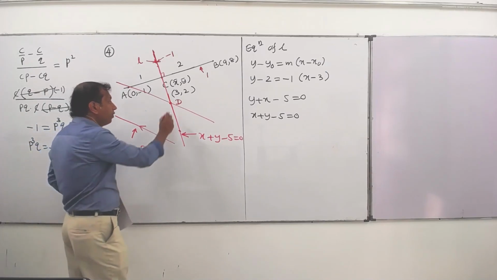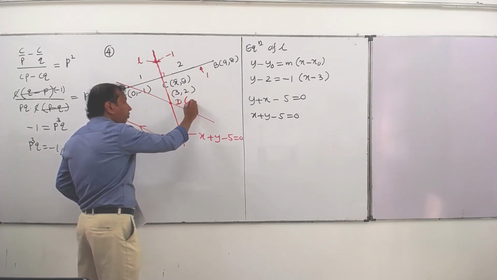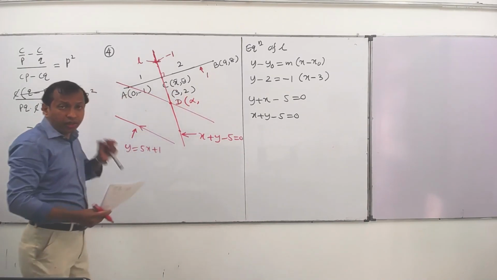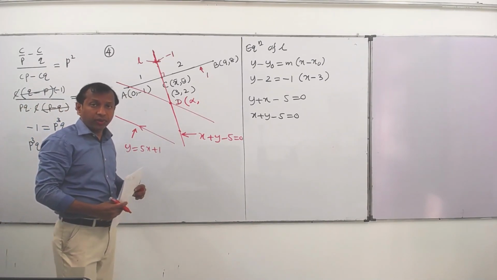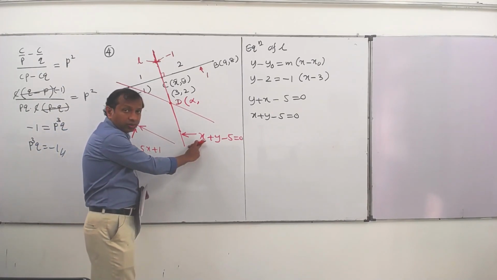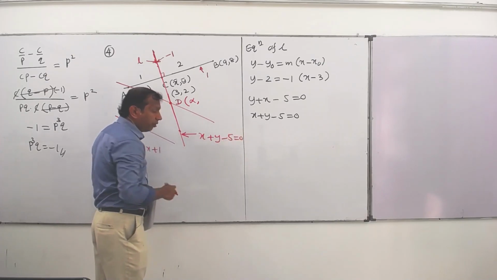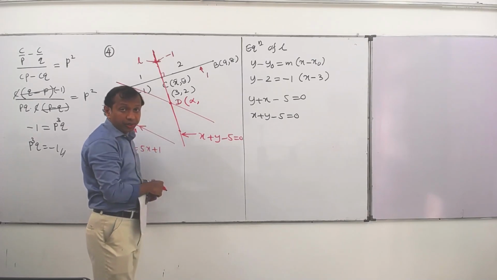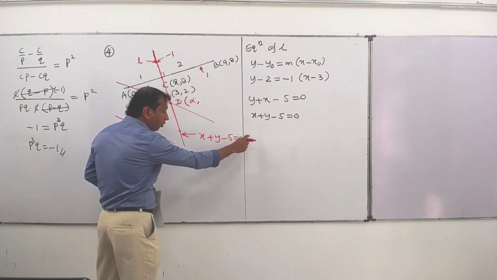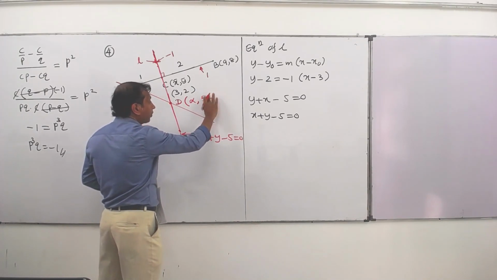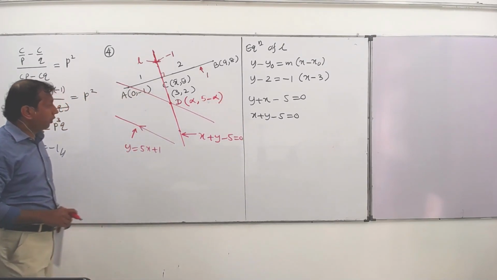Since D is also a point on the same line, if I take D as having x coordinate alpha, then the y coordinate of D can be found how? Put that alpha, the x coordinate of D, here, take this minus 5 to the right-hand side, and you get the y coordinate of D. What is that? Alpha minus 5, take to right, 5 minus alpha. 5 minus alpha is the y coordinate of D.